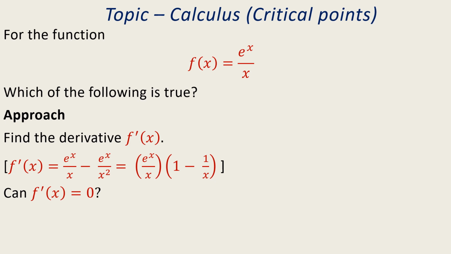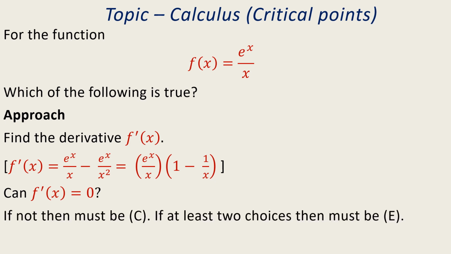But if we choose x equals 1, then 1 minus 1 over x becomes 0. So that function does have a critical point. In fact, it has exactly one critical point. If it had no critical points, the answer would be C. If it had at least two critical points, the answer would be E. But in fact, it has exactly one critical point, x equals 1.